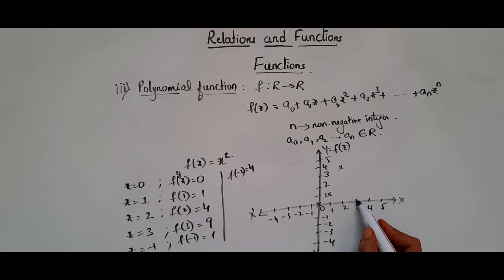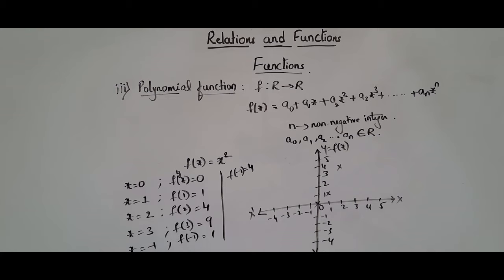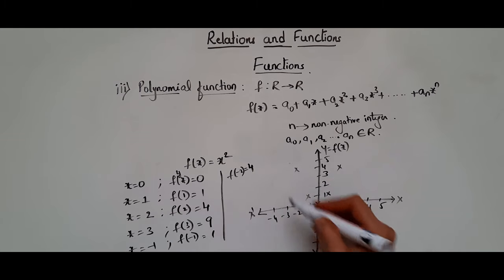So 3 is here. So on the y axis if you have 9, so it will come somewhere there. So now when x is minus 1, f of minus 1 is 1. So minus 1 and 1. So this point. Now when x is minus 2, your f of minus 2 is 4. So minus 2 and 4. So here. Now let's join these points.